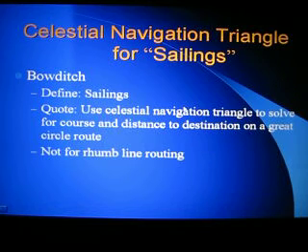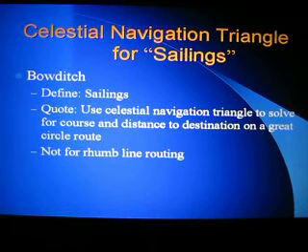All right, now there's another thing you can do, and Bowditch is a good reference on this. You can use your celestial navigation triangle for sailings. In other words, use the triangle to solve for course and distance to a destination on a great circle route. This is not for rhumb line routing. You don't want to go out for 2 days and go through all this work.